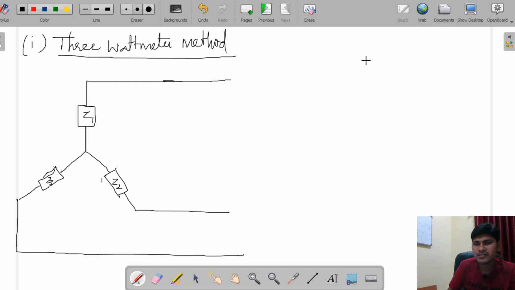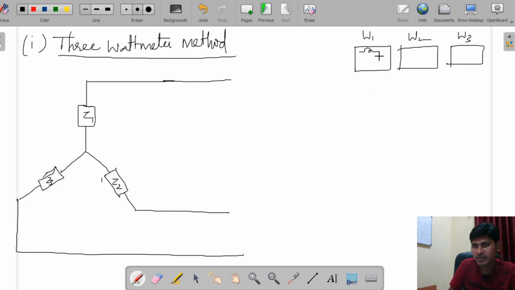Okay, 3 wattmeter method means you're going to have 3 wattmeters, W1, W2 and W3, right? In each wattmeter you are going to have a current coil and a pressure coil. All are per phase loads Z1, Z2 and Z3. Okay, this is an unbalanced load.